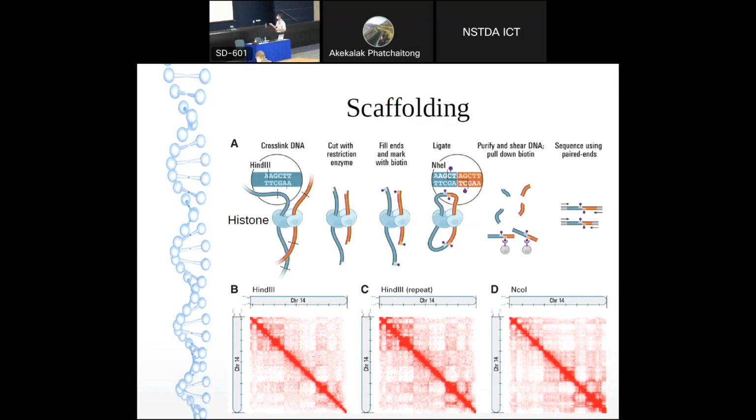And you can see that here we have the HindIII restriction enzyme, and this is the NcoI restriction enzyme. So different restriction enzymes give a largely similar but somewhat different output.